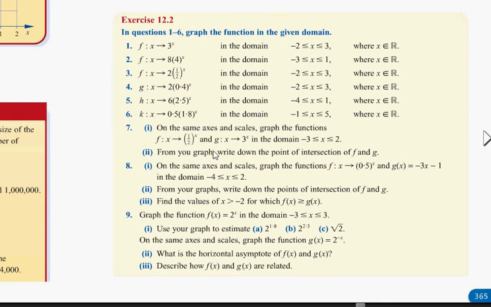Upon drawing your graph, for example this one here, from your graph write down the point of intersection. On this one you have to draw the graph, and then draw a line, and see where they both intersect each other. Then you have to find the values bigger than minus 2 for which the curve is bigger than the line. So 1, 3, 5, 6, 7, 8.